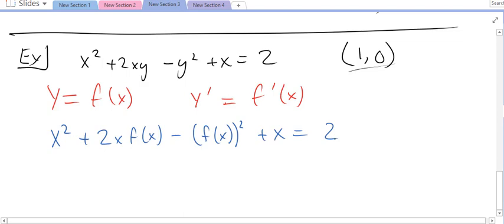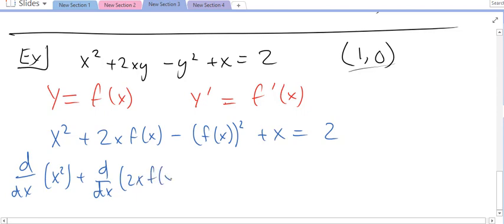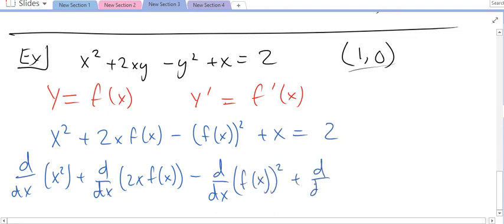Now we're going to take the derivative of both sides of the equation. So we have d/dx of x squared plus d/dx of 2x f of x minus d/dx of f of x quantity squared plus d/dx of x equals the derivative with respect to x of 2.